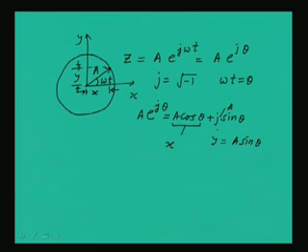So z, which is a vector, can be written as x plus j y.